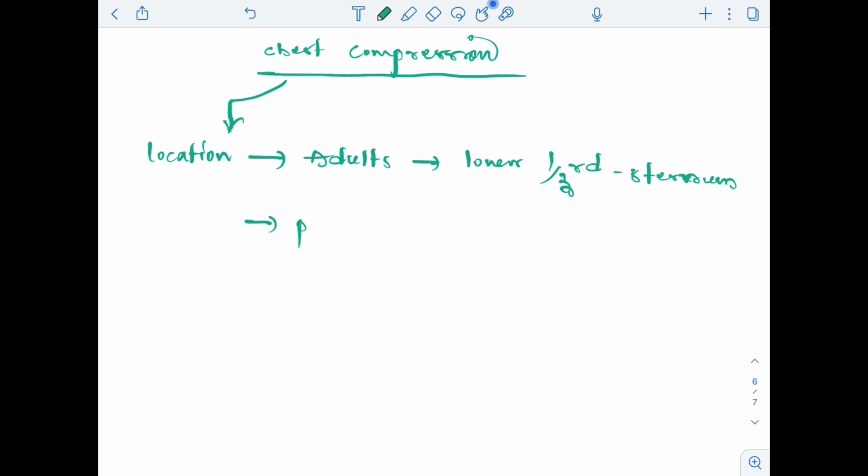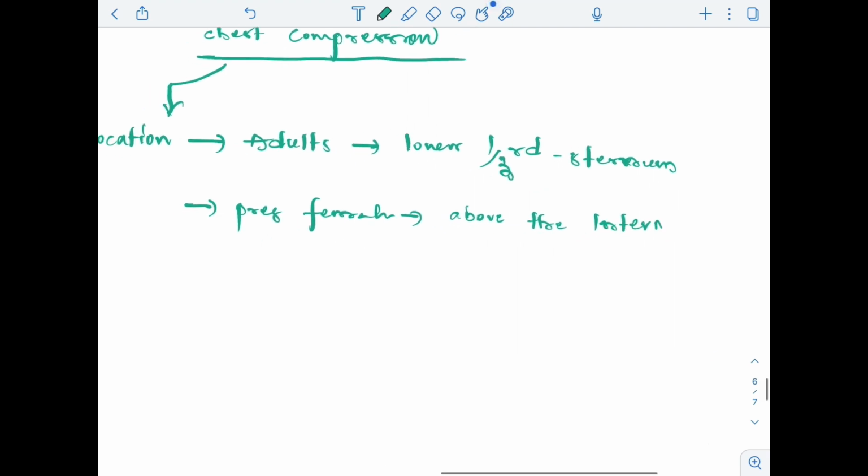If it is a pregnant lady, you should start the chest compressions above the intermammary line, with a 30 degree tilt to the left side.